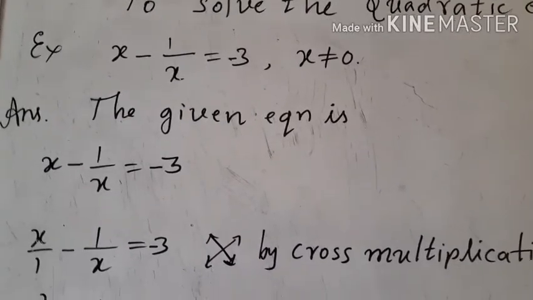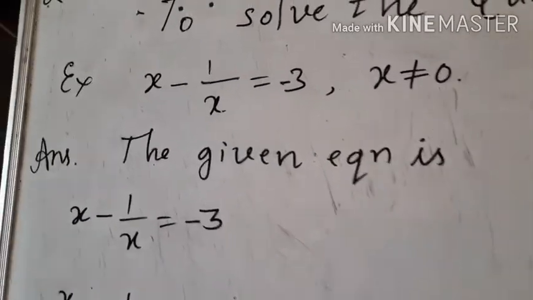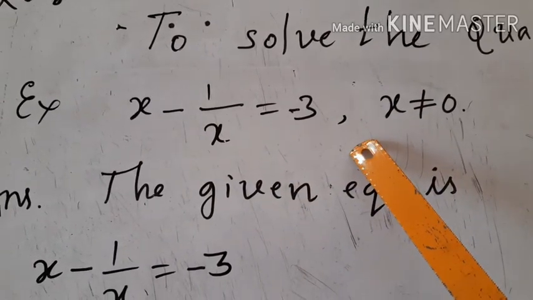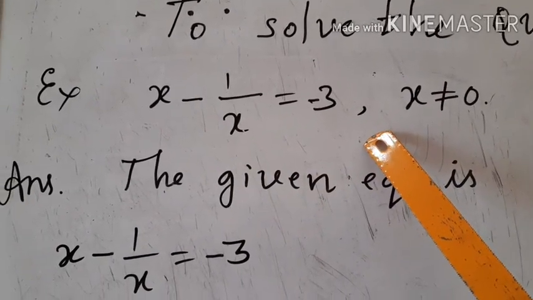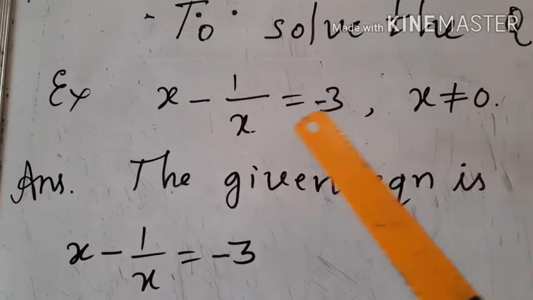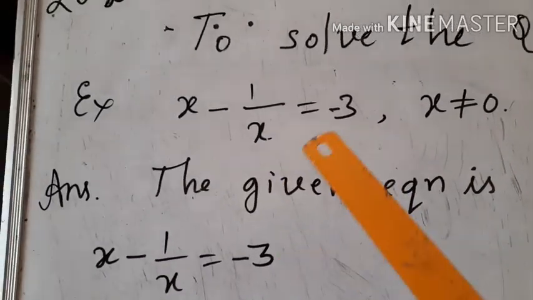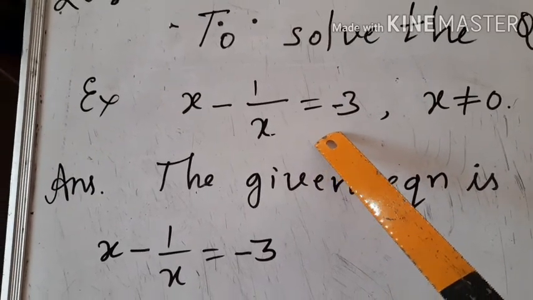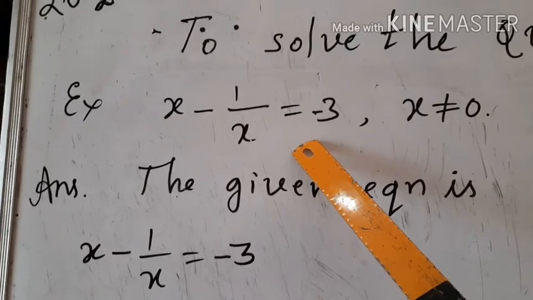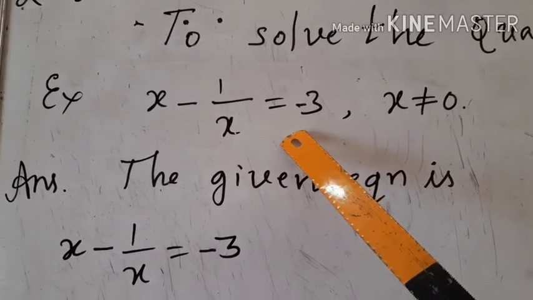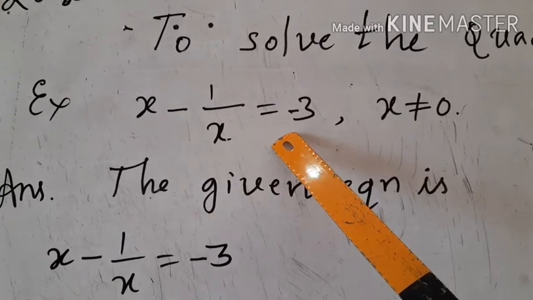But here, when we look at the example, x minus 1 by x is equal to minus 3, and you are supposed to find its roots. It doesn't appear to be a quadratic equation in x, but it is. You have to convert this equation to quadratic form and then solve by any one of the methods.